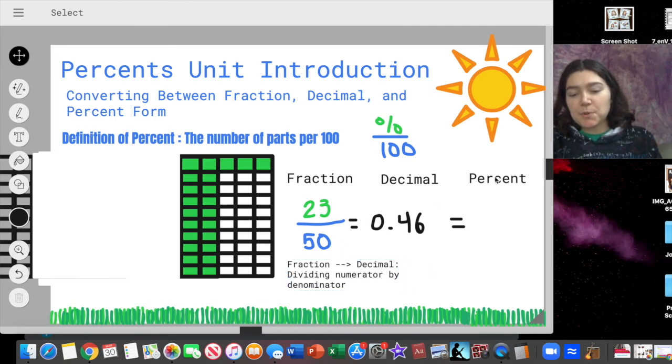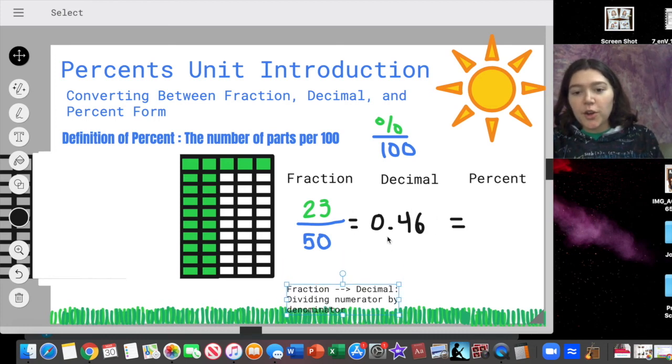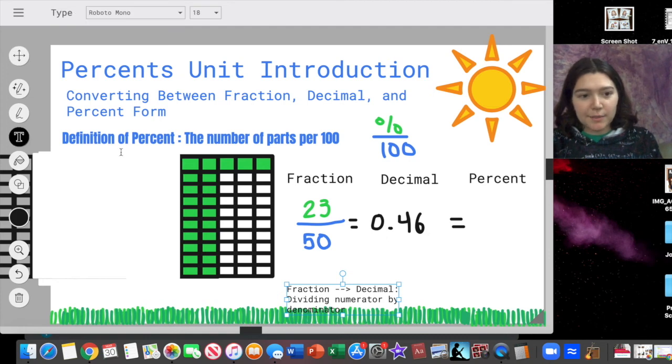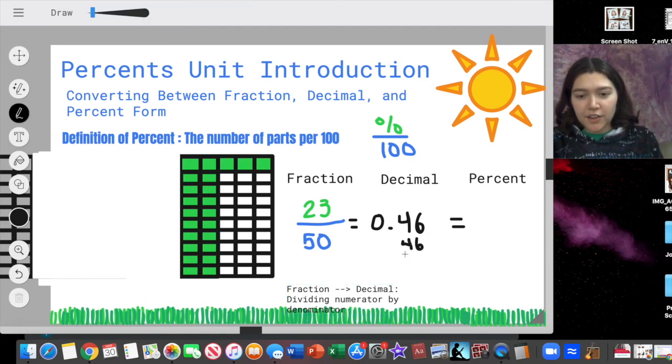Then we want to go from our decimal to our percent. To go from a decimal to a percent, we multiply by 100. This connects to my fraction thinking too. 0.46 is the same thing as 46 hundredths. In the best mathematical terminology, that's how we would read this; we're kind of lazy about that.